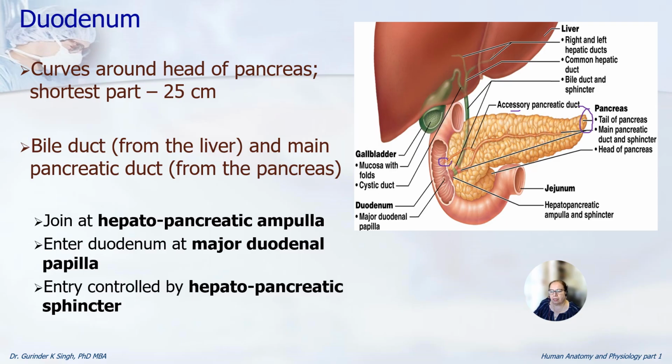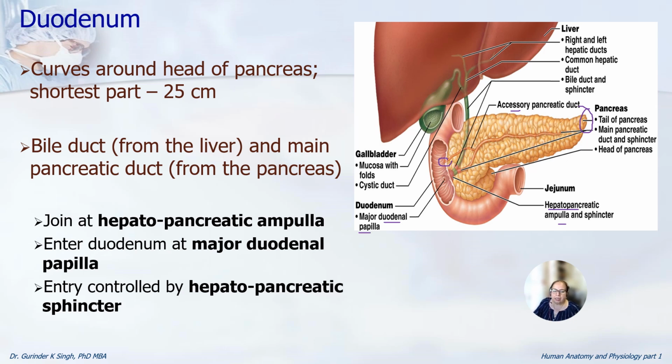The main pancreatic duct combines with the bile duct, and they are held together in a little ampulla formation known as the hepatopancreatic ampulla, and there is a control sphincter there. They open into the middle of the duodenum onto a raised area known as the duodenal papilla.